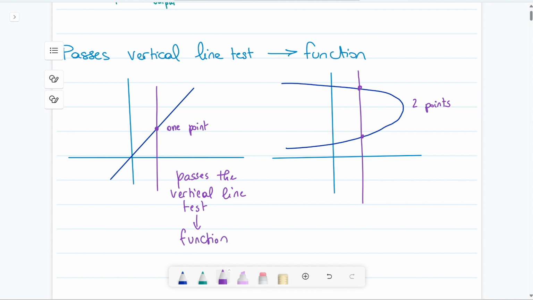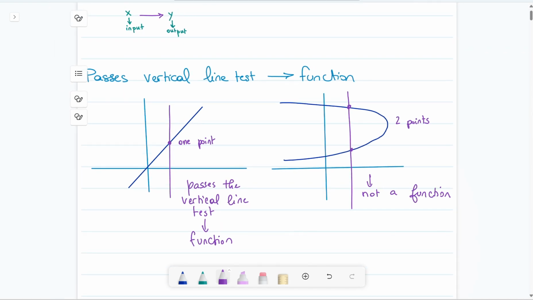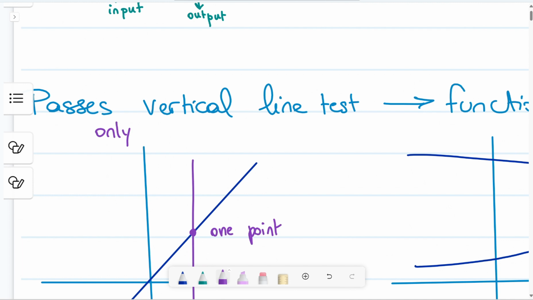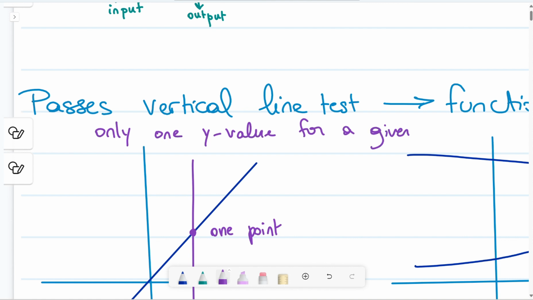However, the one on the right passes in 2 points. This means it does not pass the vertical line test, so it is not a function. So the vertical line test ensures that there is only one y value for a given x value.